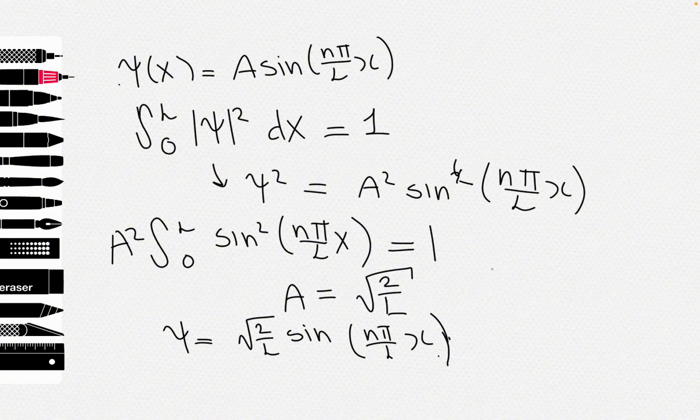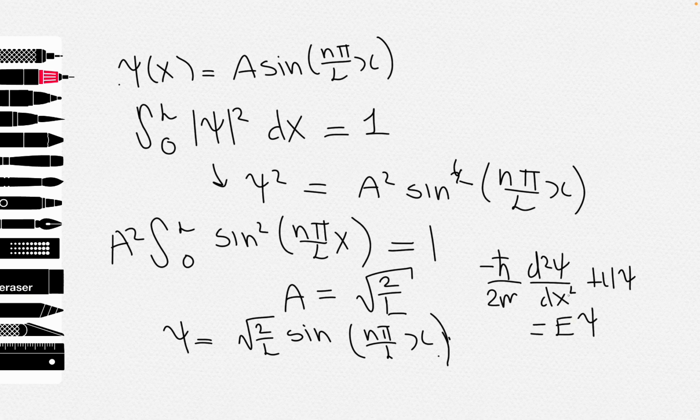But moreover, using phi, we can now solve the Schrödinger equation, which looks like this. Let me write it again. So in our situation, our potential energy is equal to 0 there.